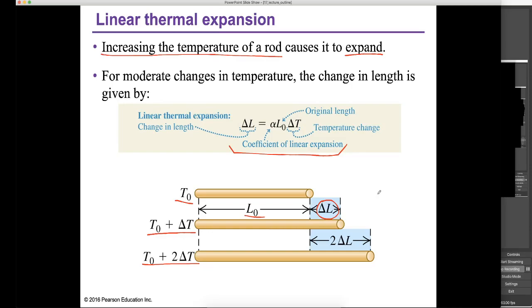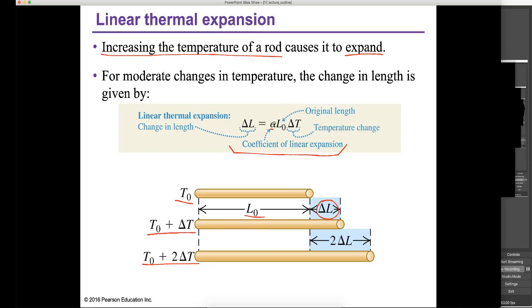After many experiments, people found a way to calculate this expansion, delta L, which is shown here. This is delta L, or change in length, and alpha is the coefficient of linear expansion. So L0 is the original length, and delta T is the temperature change.